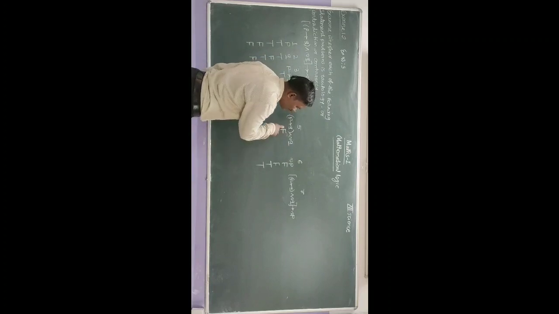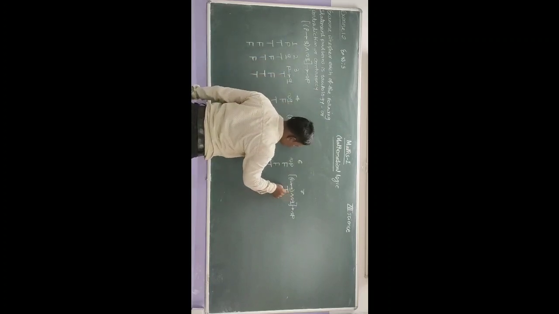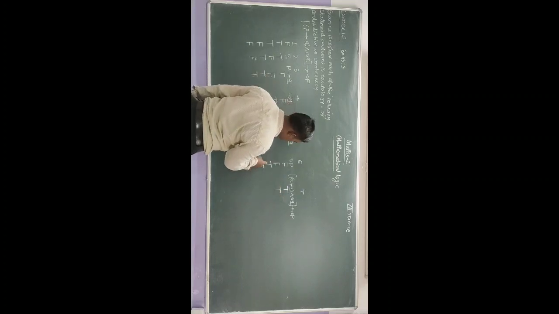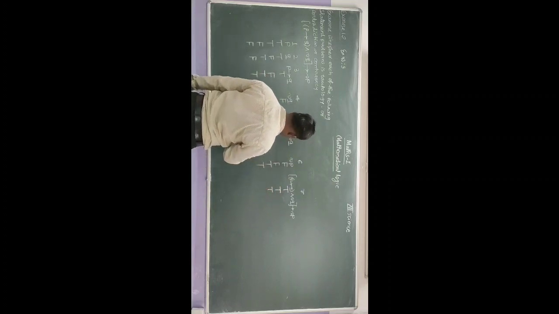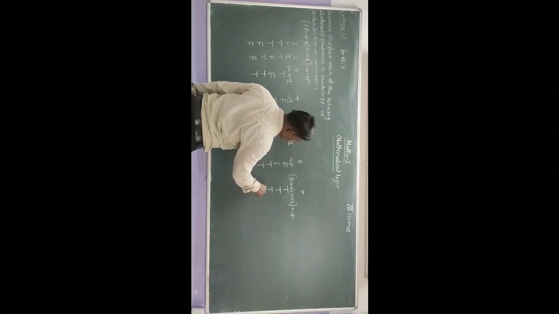Therefore false implies false, that is true. False implies false, that is true. False implies true, that is true. And true implies true, that is true.